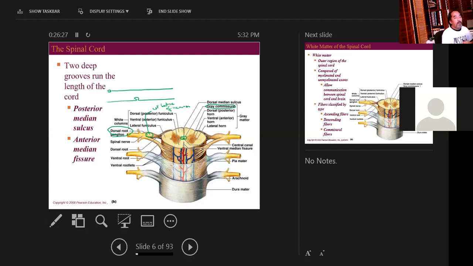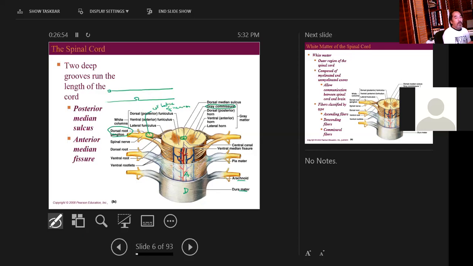Okay, and then let's take a look at the saran wrap that covers the spinal cord. Whatever you see here in the spinal cord, you also see in the central nervous system. So the first and most superficial saran wrap is called your dura mater. This is made out of your connective tissue. And after the dura mater is going to be the arachnoid mater.